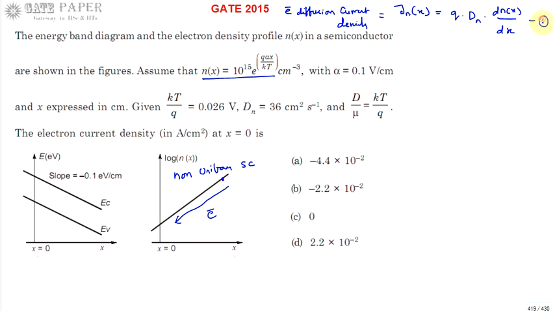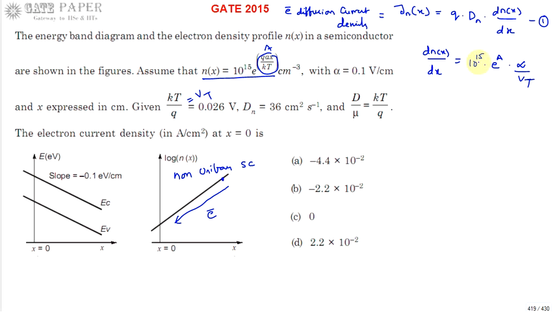This is equation 1. dn of x by dx is equal to 10 power 15 into e power a, assuming the entire exponent is some constant a, and differentiating a with respect to x gives alpha divided by kT by q. kT by q is nothing but Vt, so I can write it as alpha by Vt.